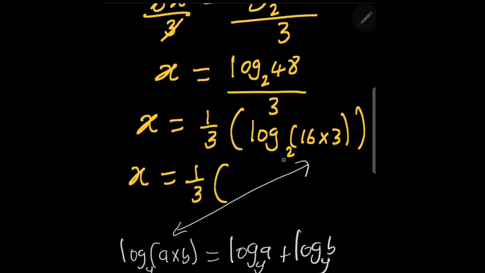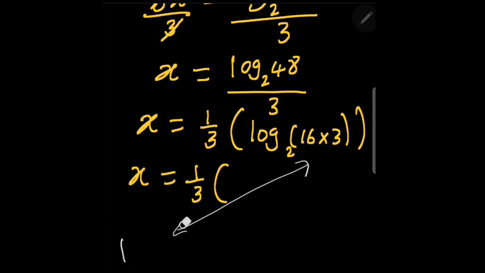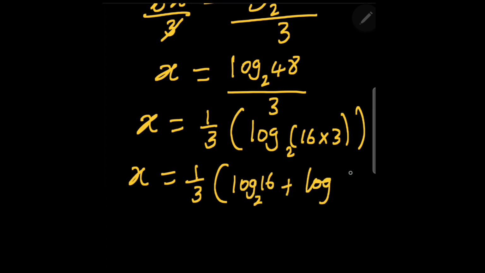The base here is 2 and we have 16 multiplied by 3. Written in this form, it is log 16 to base 2 plus log 3 to base 2. So this is what we are going to apply to the bracket, using the above property. So when we do that, it's going to be log of 16 to the base of 2 plus log of 3 to the base of 2. So now we have log 16 to base 2 plus log 3 to base 2 in the bracket.